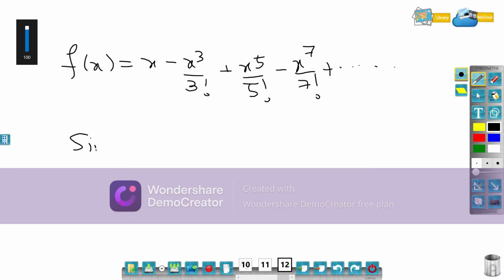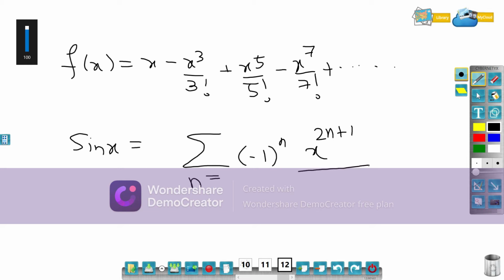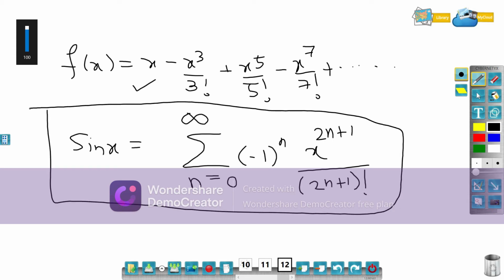So at last sin x can be replaced by this summation, n goes from 0 to infinity, minus 1 raised to n x raised to 2n plus 1 upon 2n plus 1 factorial. If I replace n is equal to 0, I'll get x, n is equal to 1, x cubed. Yeah, so that's fine. So sin x can be replaced with this formula.